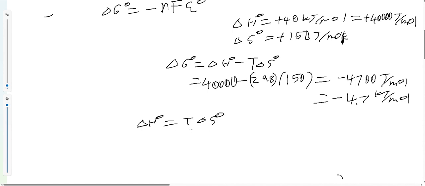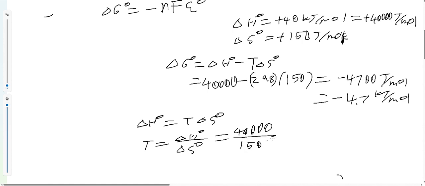And here we can solve for T by saying T equals delta H naught over delta S naught by algebra. Which is 40,000 over 150, which is equal to 267 Kelvin.